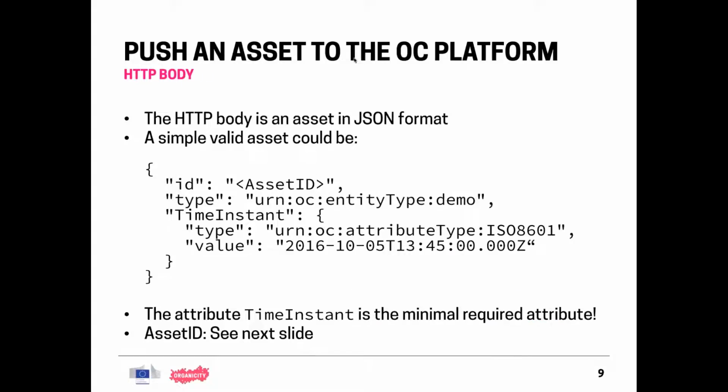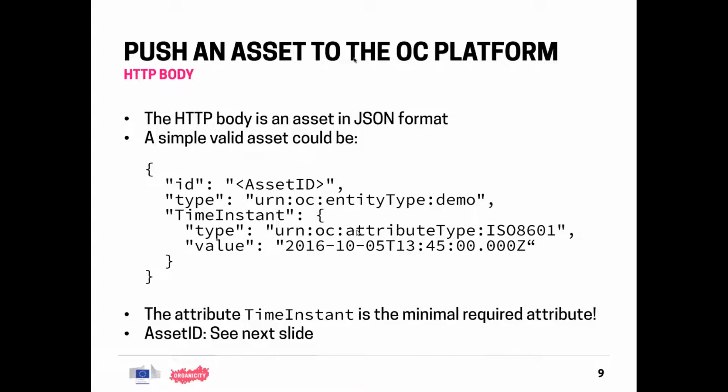Next step is you need a valid body, you need an asset. As Evangelos was explaining before, every asset has an ID and a type and a number of attributes. This, for example, is a really working valid asset. You include here an ID with a given asset ID. We have a type. In this example, I created the type urn:oc:entityType:demo just for this demonstration, and a time instant.